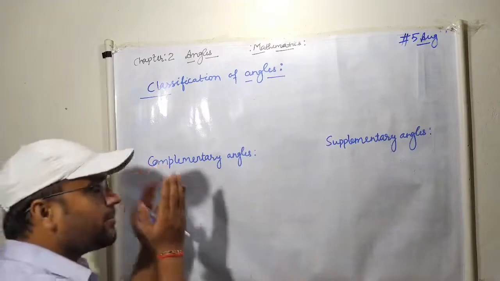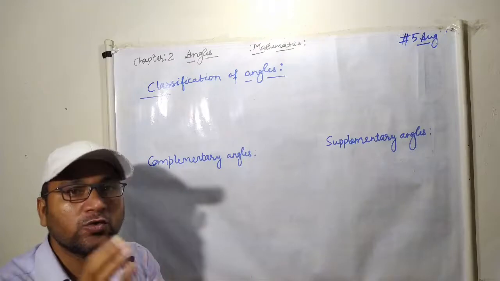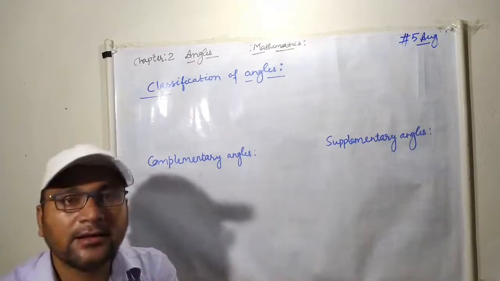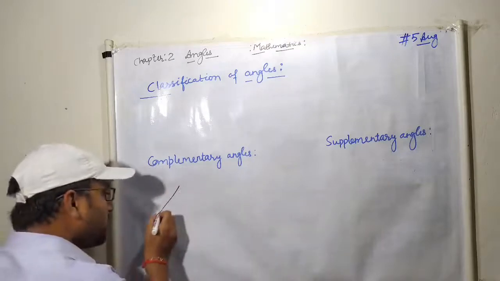Okay. Next point is the complementary angle. If the sum of the magnitudes of two angles is equal to 90 degrees, then each angle is known as a complementary angle. Here I will show you with an example.